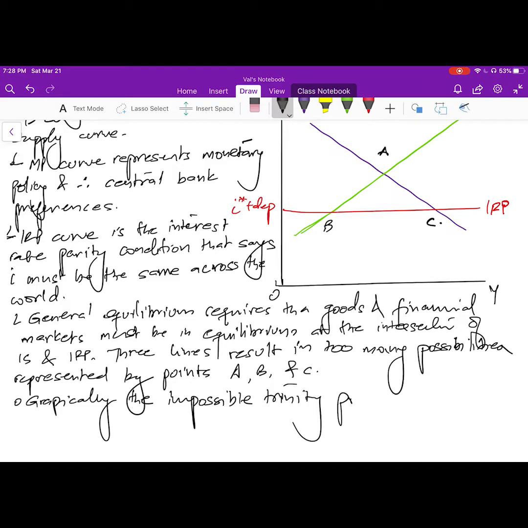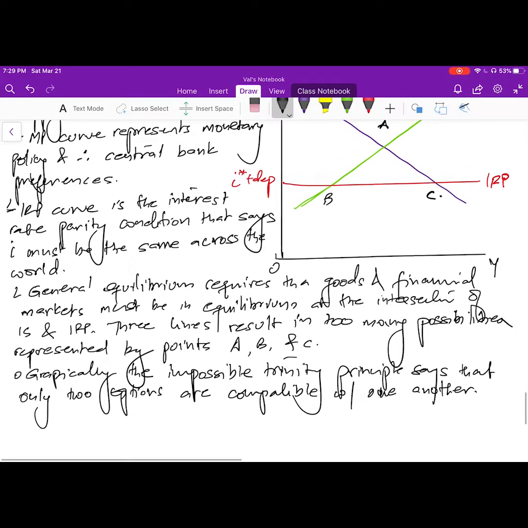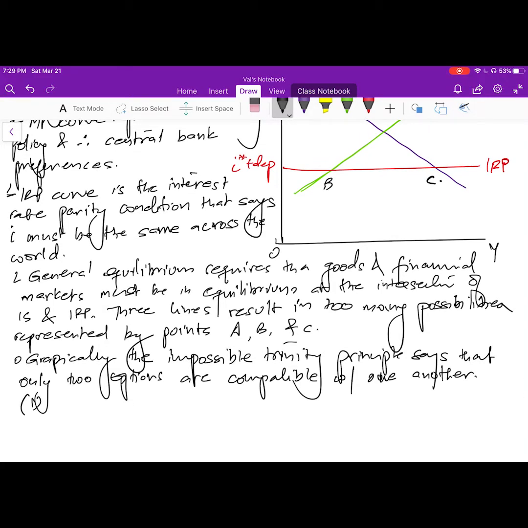The principle says that you can have only two options that are compatible with one another. What are those three options? Option number one, full capital mobility.